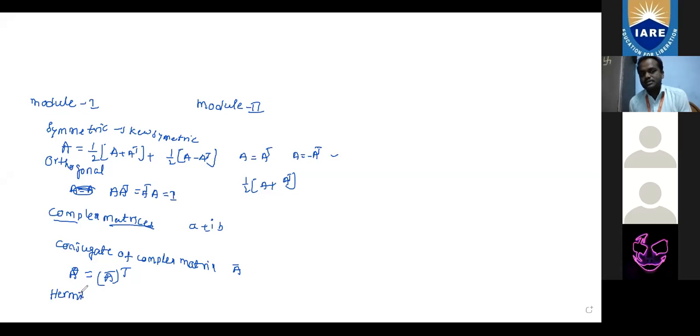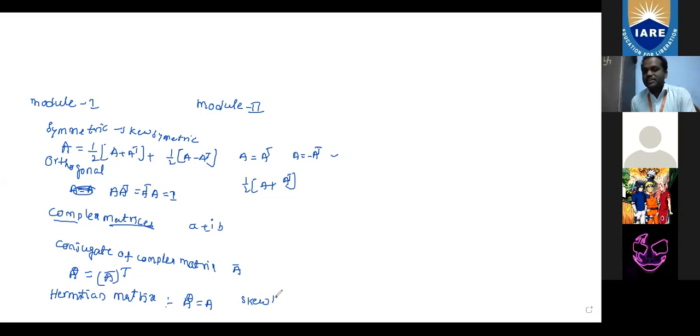A complex matrix is said to be Hermitian if A power of theta, the transpose of the conjugate matrix, is equal to A.